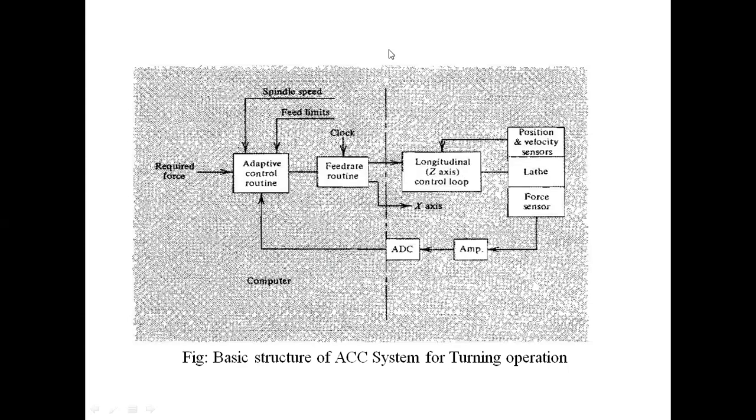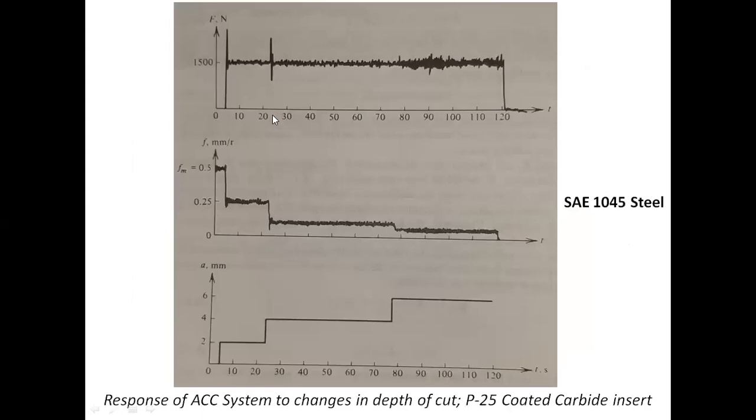You see, 1500 was the initial force. Oh, I'm sorry, 1500 is what we want to maintain. I told you, right? There is a constant load that we can maintain. This is what we are trying to maintain, the cutter load. I want it to be 1500. How do I ensure it?